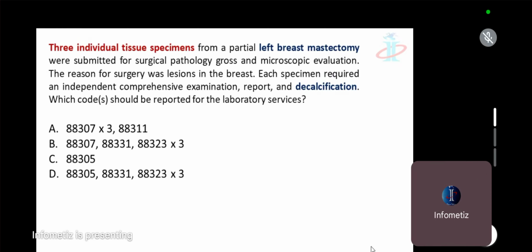Sir, in 307, they have mentioned partial or simple mastectomy of breast. Correct. Whereas 307 says partial or simple, it means they are not removing the complete breast, just a small part or a very simple part. But in 309, it's with regional lymph node.